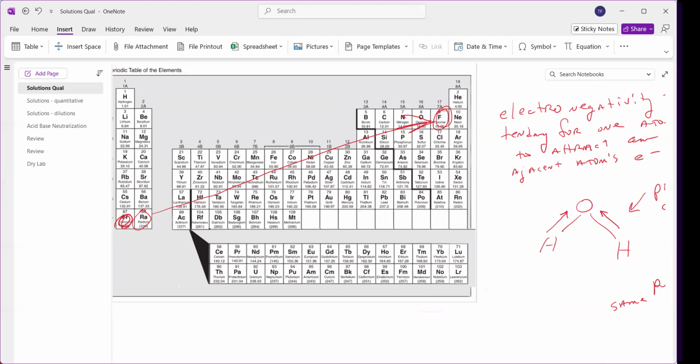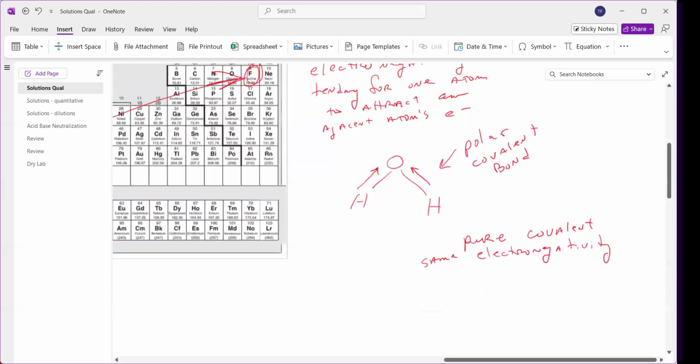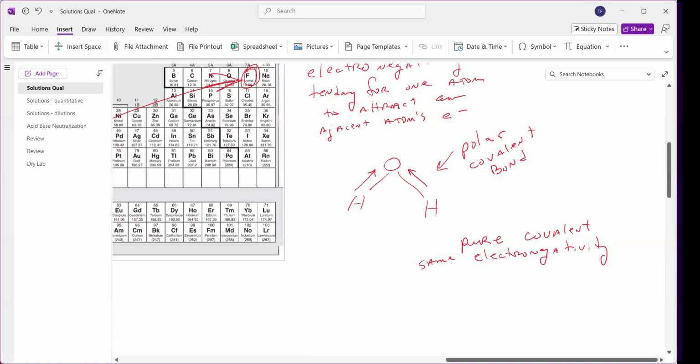That's pretty far from fluorine. Hence, hydrogen's electronegativity is a lot less than oxygen's. So the electrons in water want to go towards the oxygen, hang around on the oxygen, as opposed to hanging around on the hydrogen. Hence, that makes that molecule lopsided in terms of electronic distribution.